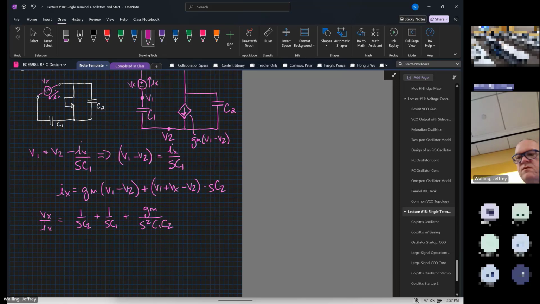And if we substitute s for j omega, we know that this is minus gm over omega squared C1 C2 plus 1 over s times C1 plus C2. So we have an equivalent circuit now where we have a negative resistance. The real portion here is negative. And we have a reactance that's equal to the series combination of the two capacitors.